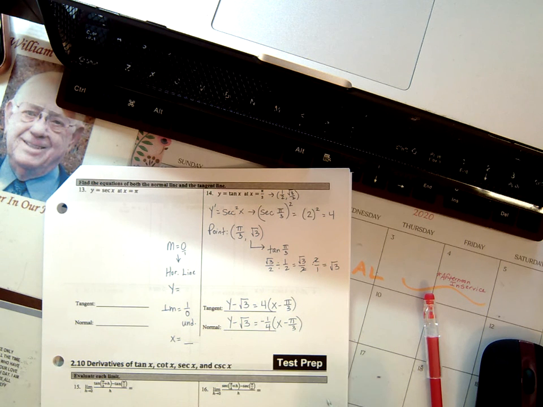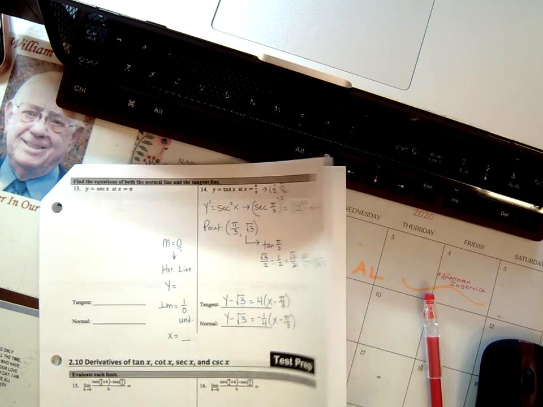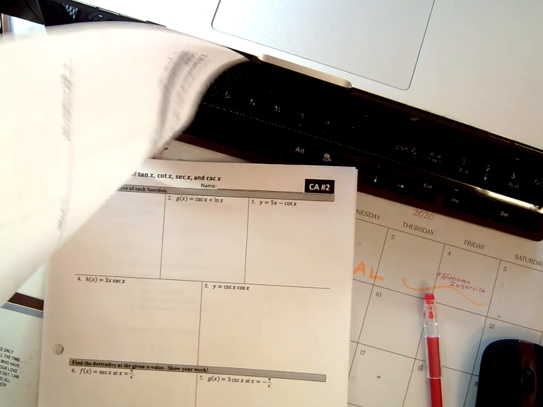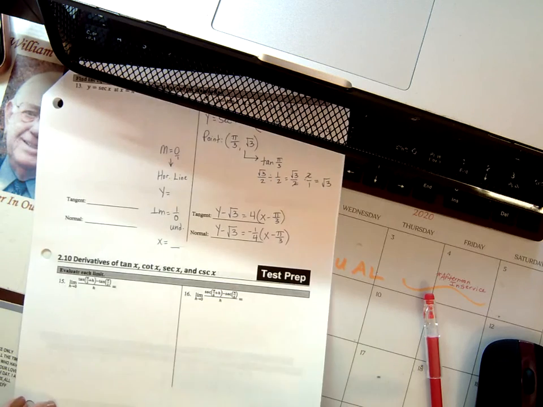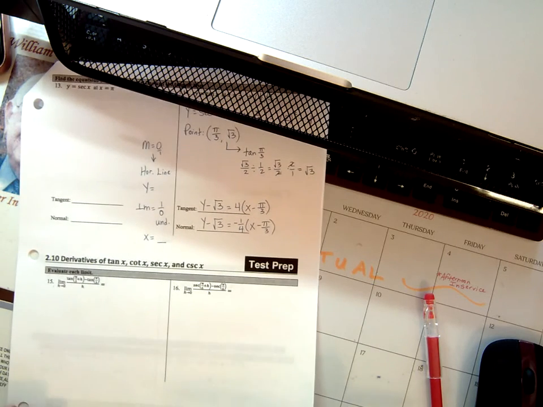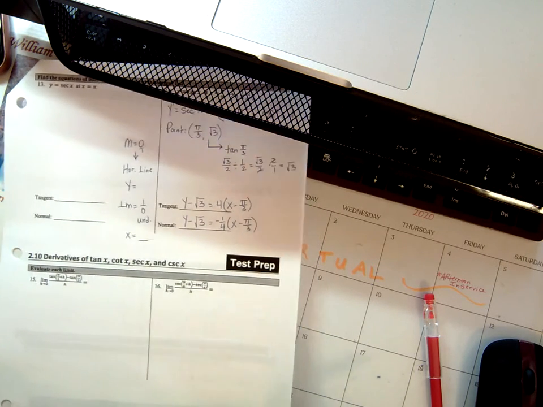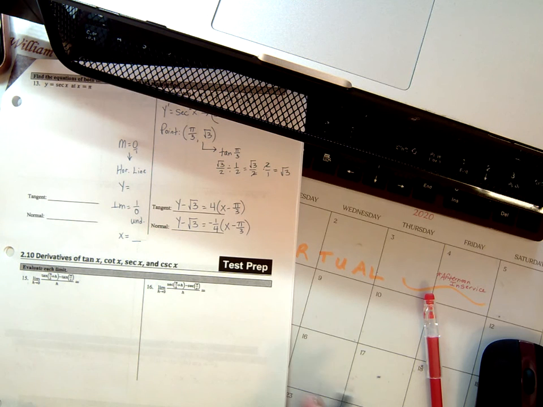All right, we're going to finish this section looking at numbers 15, 16, which is actually the end of the stuff. These are your 2 test prep questions, so it doesn't matter which one we look at. Let's go for 16. I'm looking at this and they say evaluate the limit.